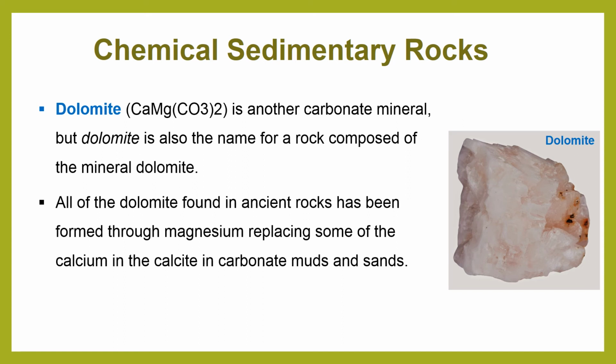But some other scientists call the rock dolomite too. All of the dolomite found in ancient rocks has been formed through magnesium replacing some of the calcium in the calcite, in carbonate muds and sands. This process of replacement to create dolomite is called dolomitization.